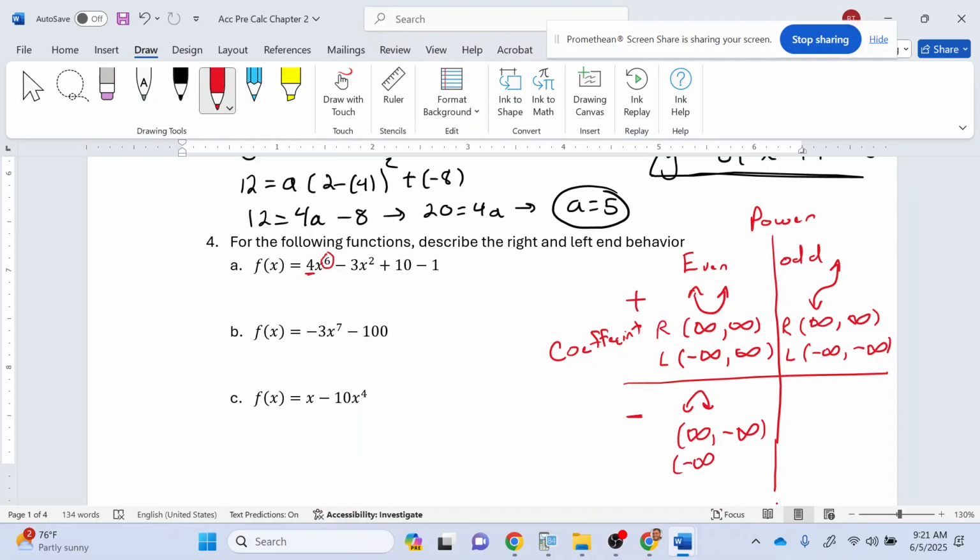As I'm going left, my arrow's pointing down. If it's odd but negative, it would look like this but upside down. So as I go to the right, it's going down, so positive, negative. As I go to the left, it's going up, so negative, positive.